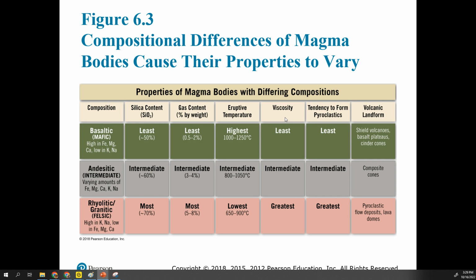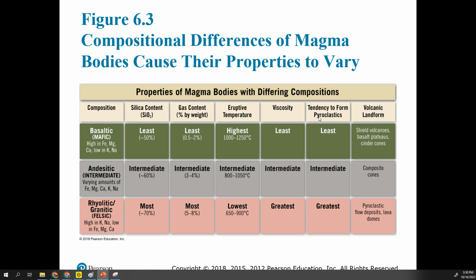It has a higher resistance to flowing than water would. So I want to make sure that that's clear in your mind as you read through here. So basalt is more like water compared to our rhyolitic or granitic felsic magma. This one's going to resist flow. This one's more like the pancake syrup, and the basaltic is more like water flowing.